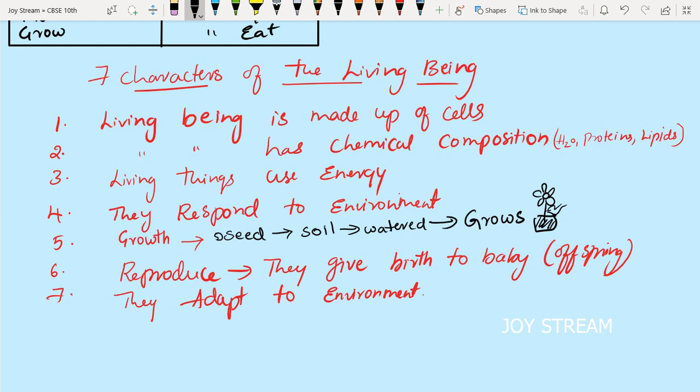Then adaptation: they adapt to the environment. A living organism adapts to the environment. For example, when you are a small baby, you are in the womb of your mother. In the womb you have one certain environment.